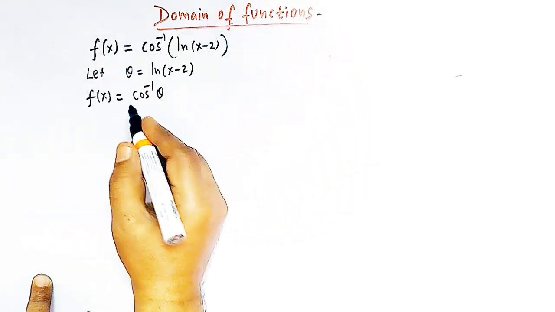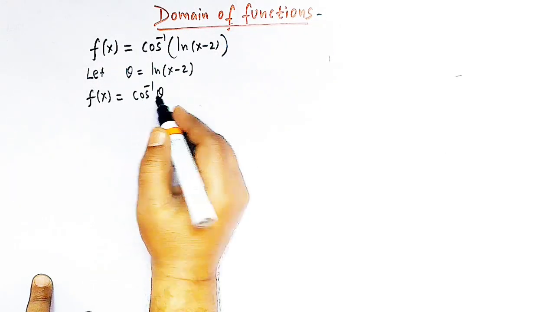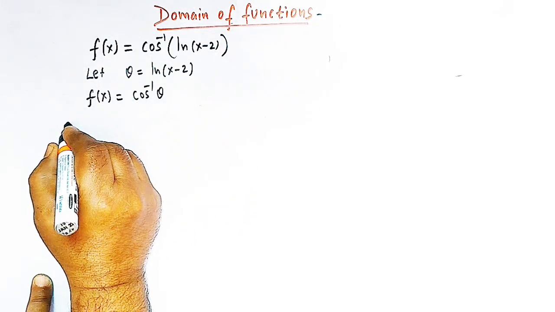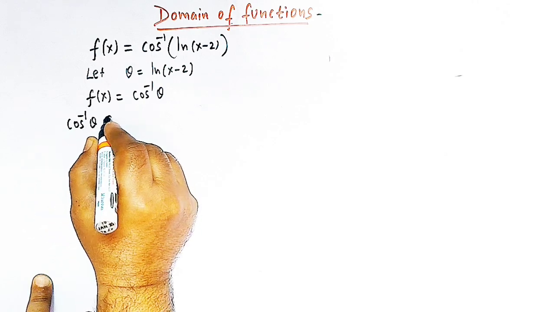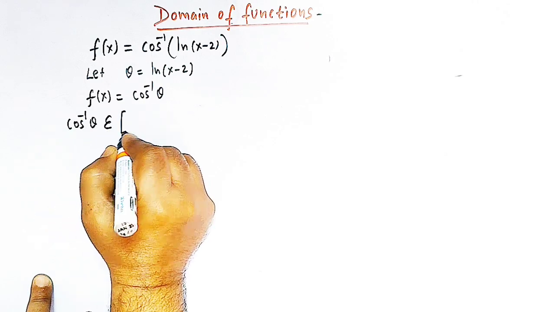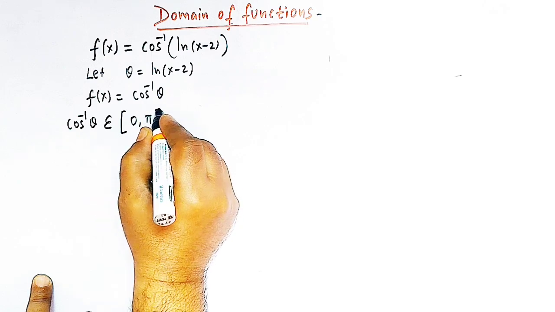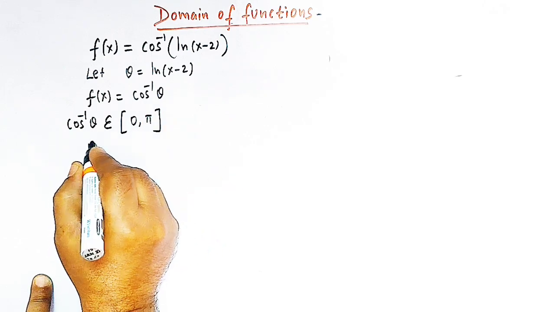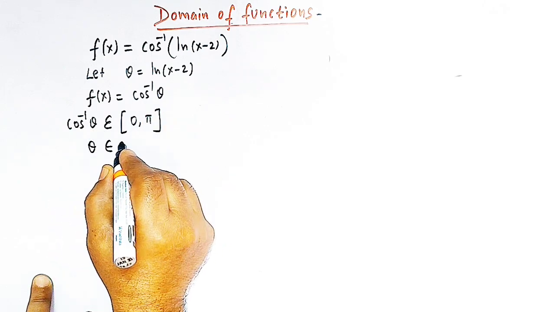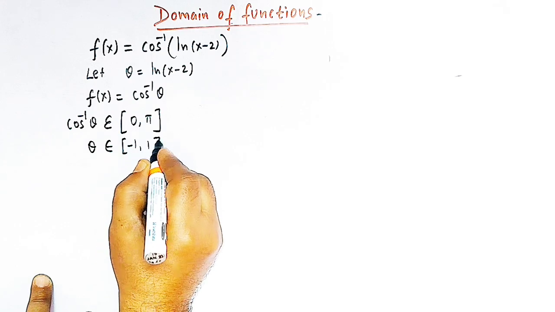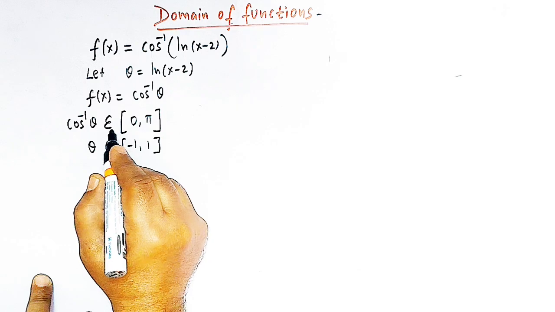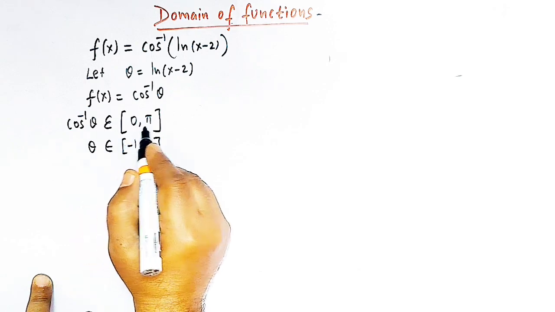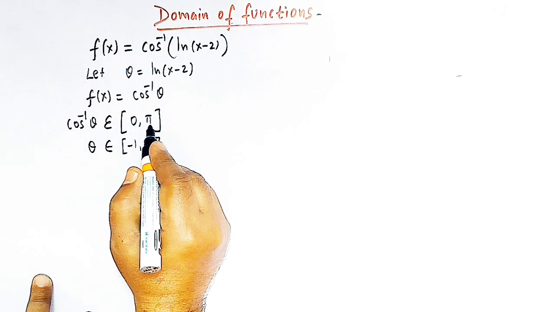Now from inverse trigonometric functions we know that the range of cosine inverse theta is given by this interval, that is 0 to pi, provided this theta belongs to the interval that is minus 1 to 1. So the principal value branch of cos inverse theta belongs to this interval, that is 0 to pi.